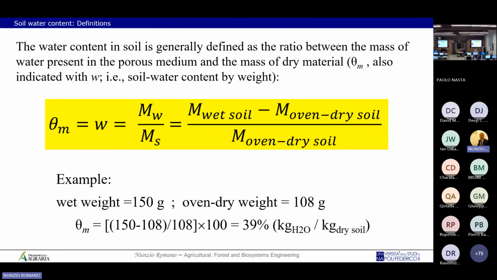That means a kilogram of water on a kilogram of dry soil.